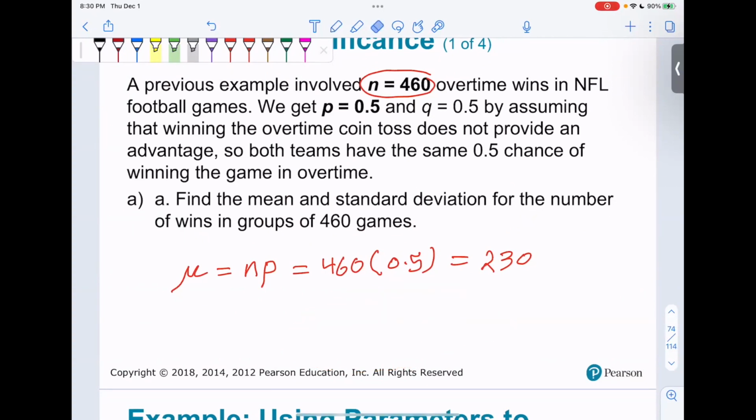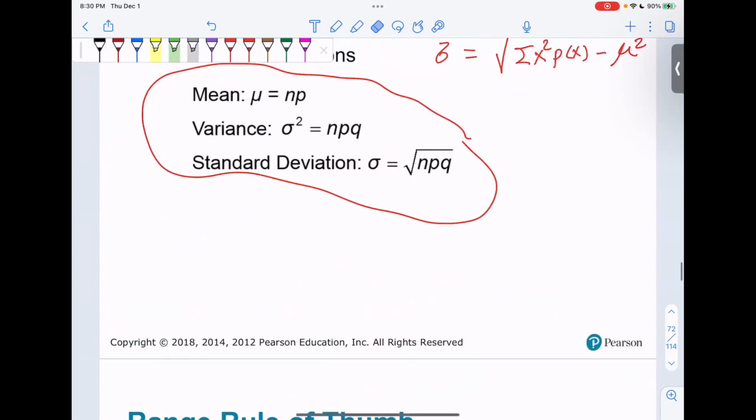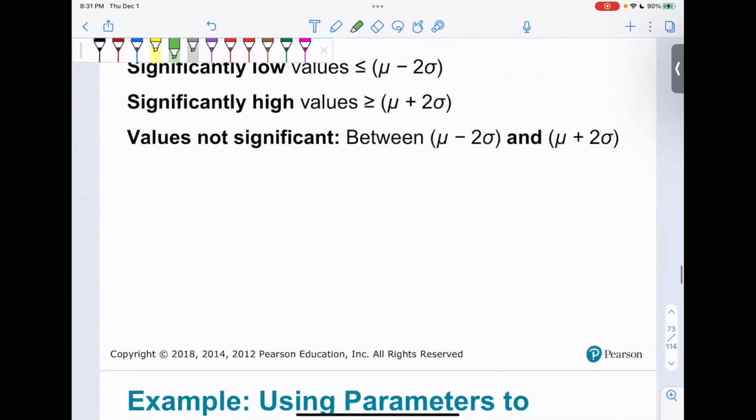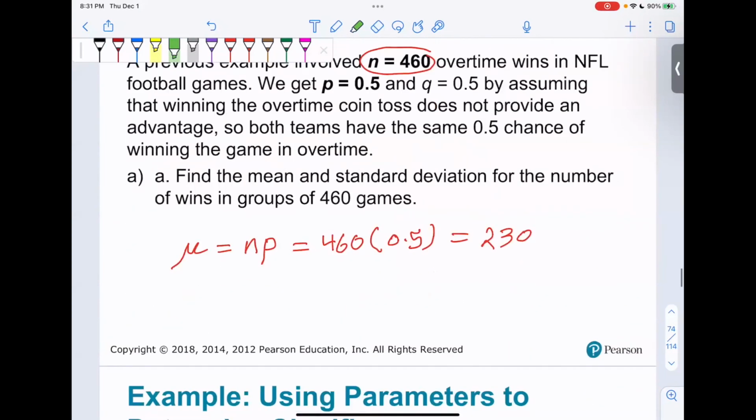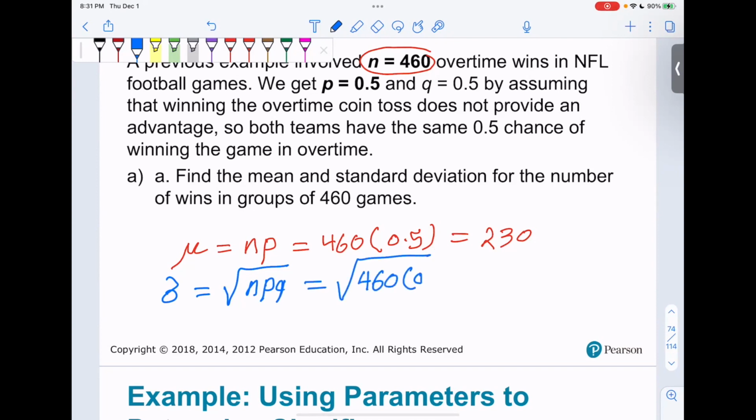And then for the standard deviation, which is this here, sigma will equal the square root of npq, which is the square root of 460 times 0.5 times 0.5.